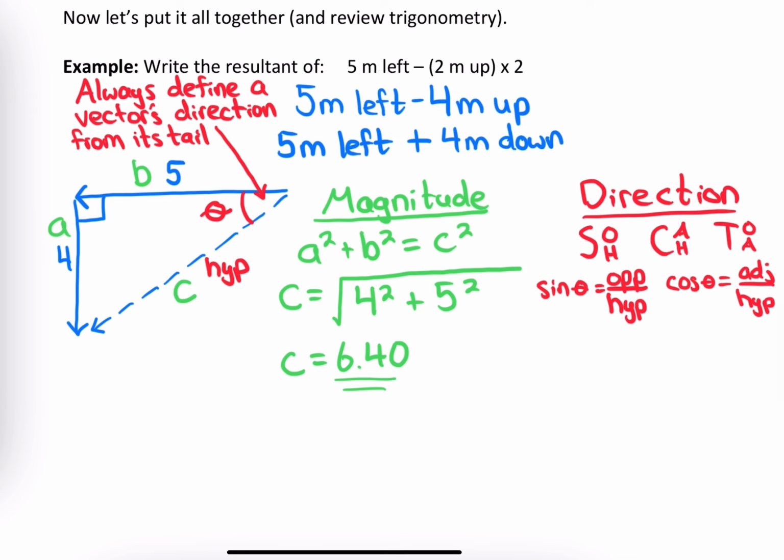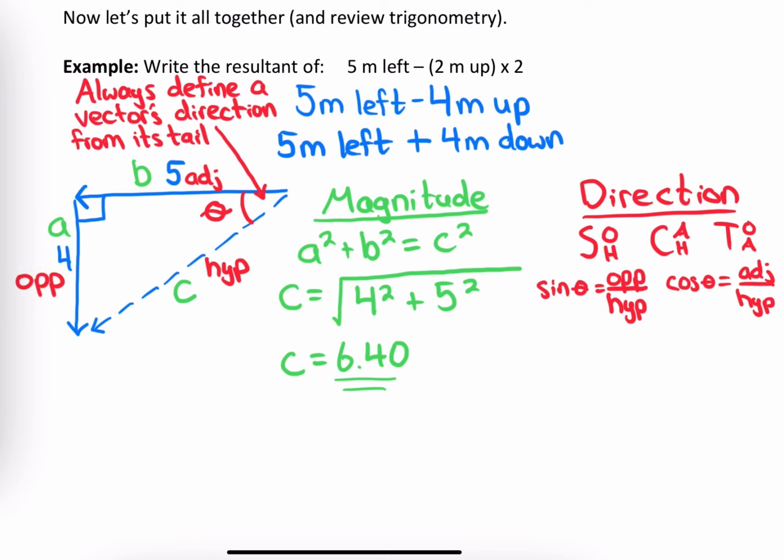The opposite side is usually the next easiest one. Here's my angle. So I go as far away from it as I can on the triangle and I get over here. That side is the side that's opposite the angle. And then the adjacent side is the one left over. It's the side that is adjacent to or beside the angle and isn't the hypotenuse. So there we have my opposite, my hypotenuse, and my adjacent.